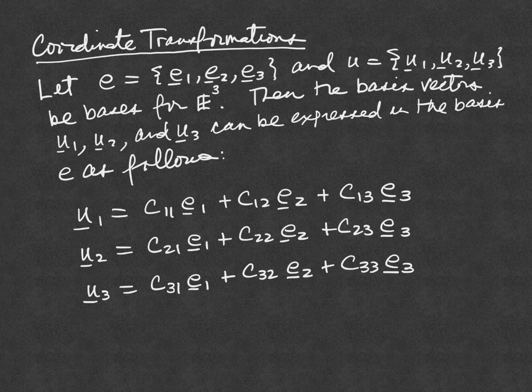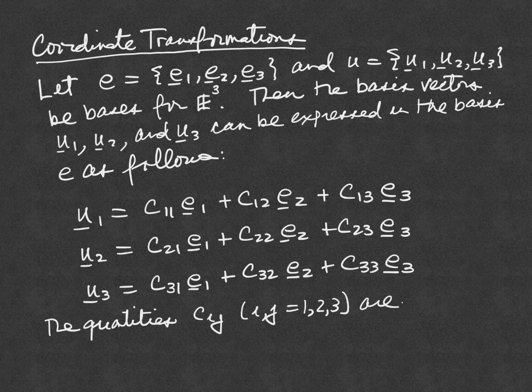Now, these quantities Cij, for i and j going from 1 to 3, are called direction cosines. There's a reason why they're called direction cosines.